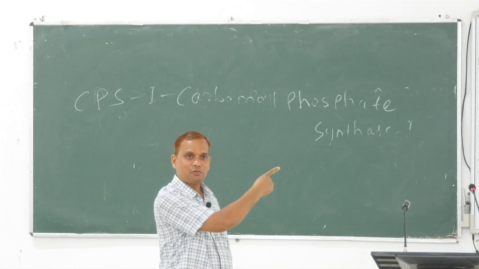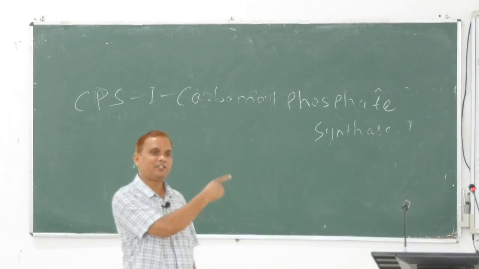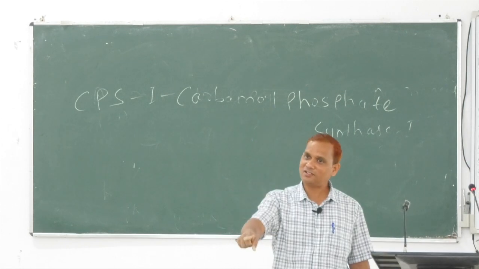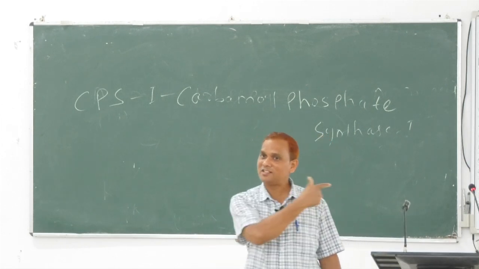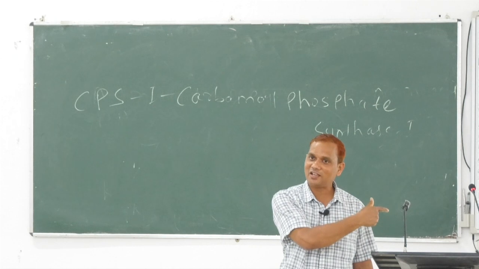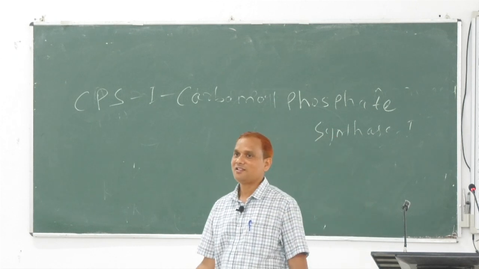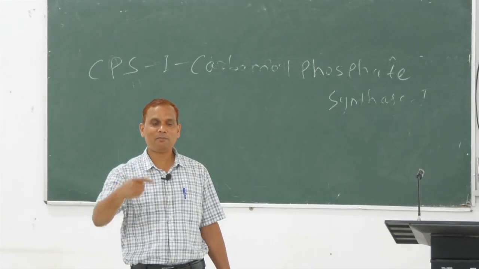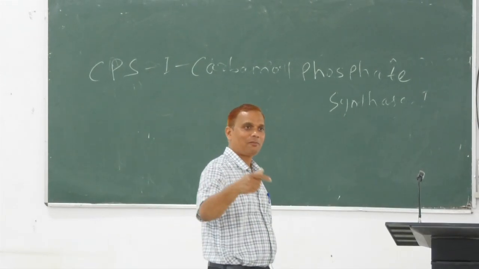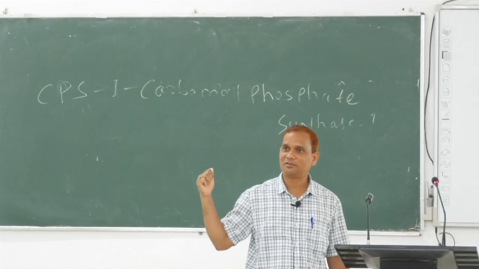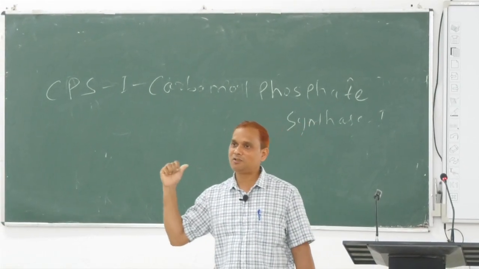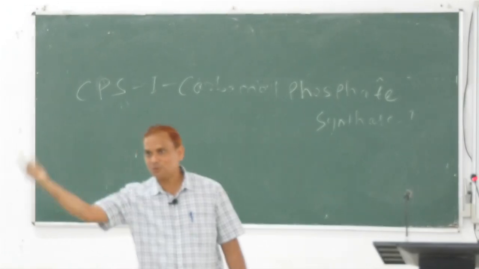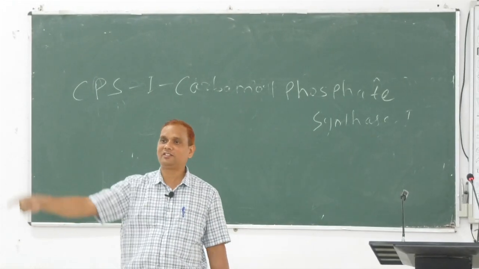There is another enzyme, CPS2. CPS1 is utilized for the urea cycle, and CPS2 is utilized for pyrimidine synthesis, which you will read in nucleotide metabolism.